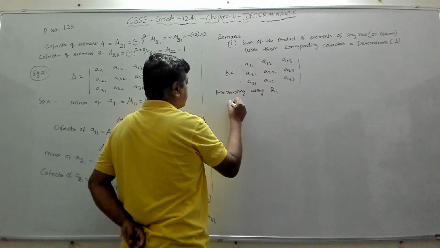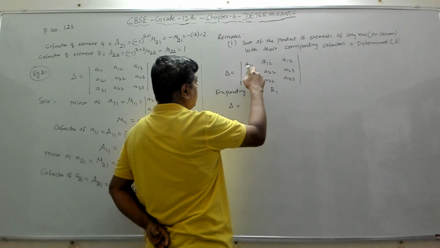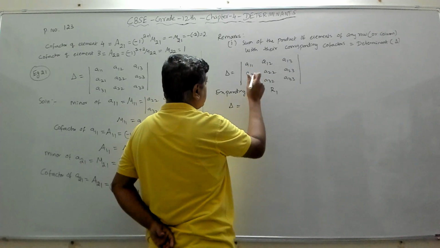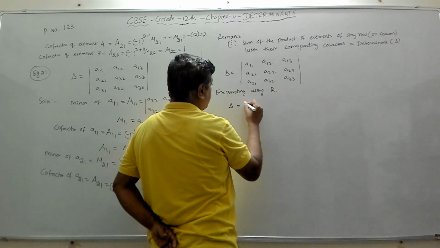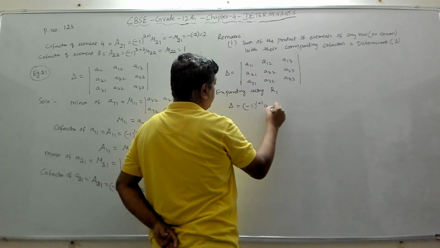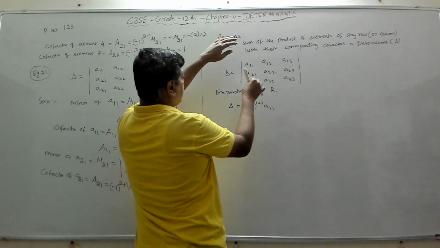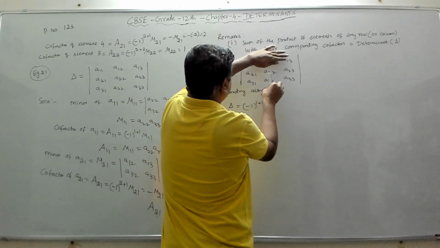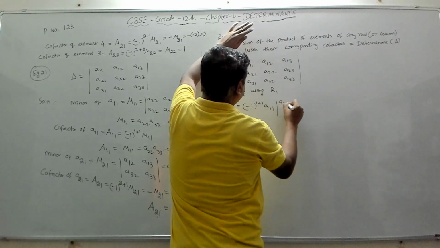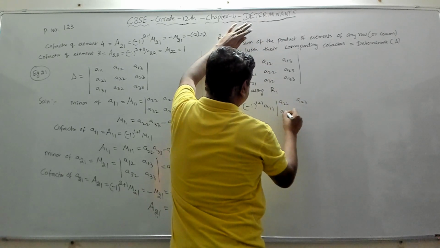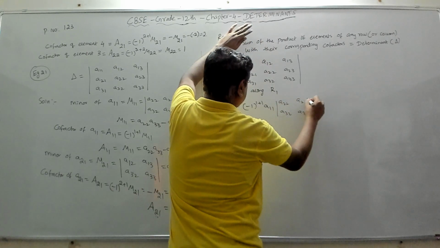So delta equal to, if you expand, it will be minus 1 power 1 plus 1 A11, then you close this particular row and this particular column, you will put determinant A22, A23, A32, A33, right?